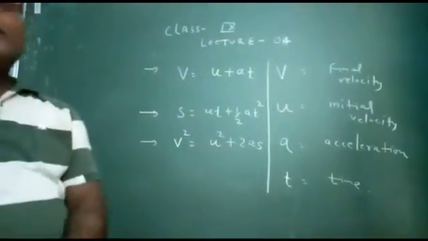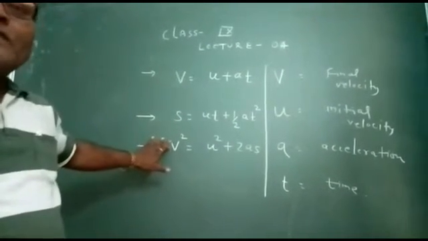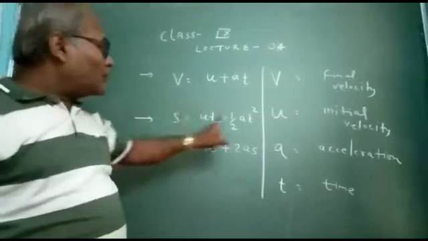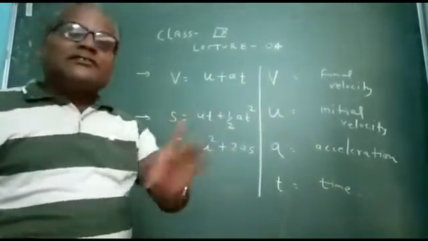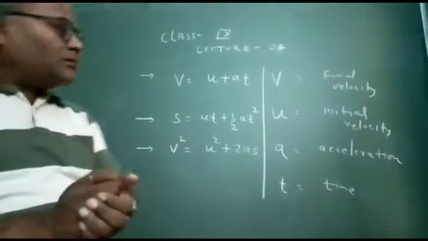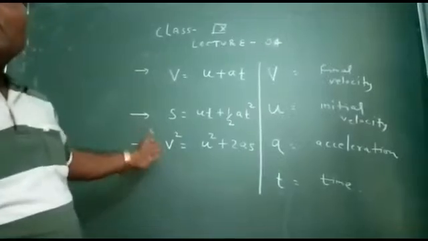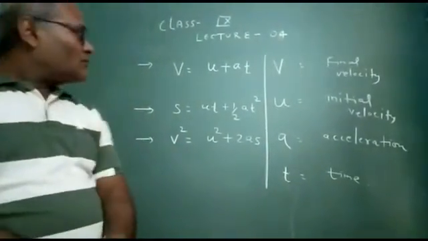But you remember, the above three formulas are used only for constant acceleration. If the acceleration of the body remains constant, then we will use these three general equations of motion.